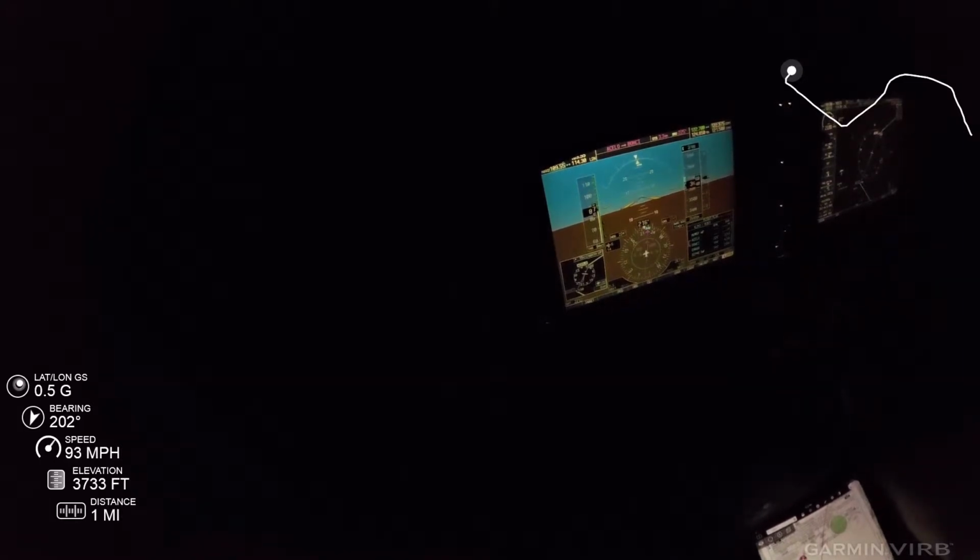This trim is a little bit off. Part of the problem. Back up. 3.3 to Bonsi, and 144 descend to 3,500.